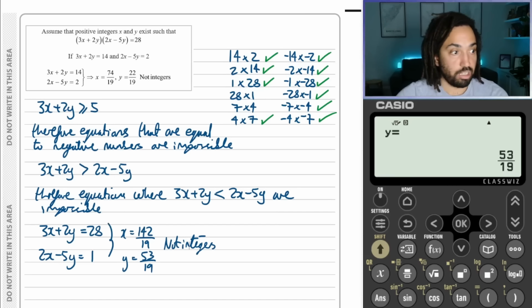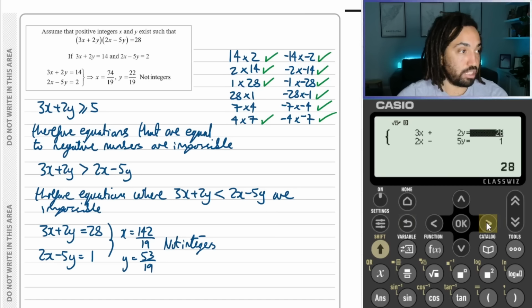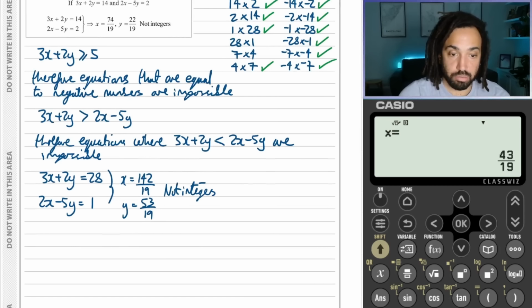Okay, great. So the other one that we need to do, we can just go back and change it. We could change this for 7, and then we can change this for 4. Okay, great. So we'll write 3x plus 2y equals 7, and 2x minus 5y is equal to 4.